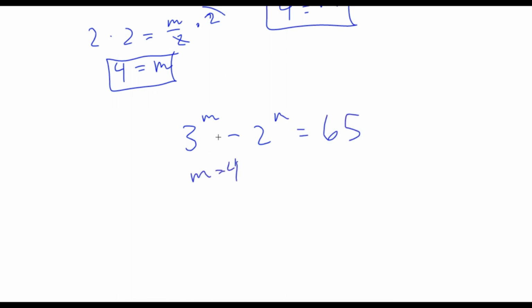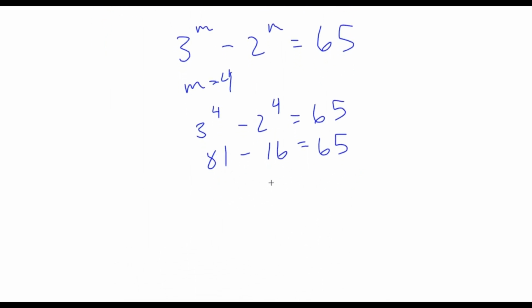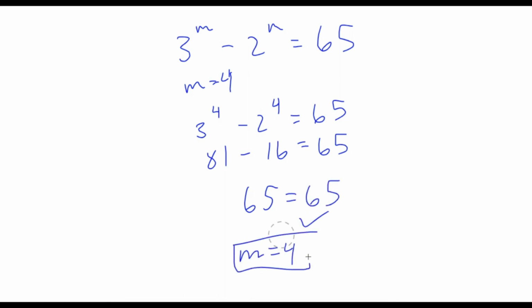So if I plug in 4 for m, I get 3 to the power of 4 minus 2 to the power of 4 is equal to 65. 3 to the power of 4 is 81, minus 2 to the power of 4, which is 16. So 81 minus 16 is 65. So 65 is equal to 65. Because it is right, we know that m is equal to 4 is right as well.